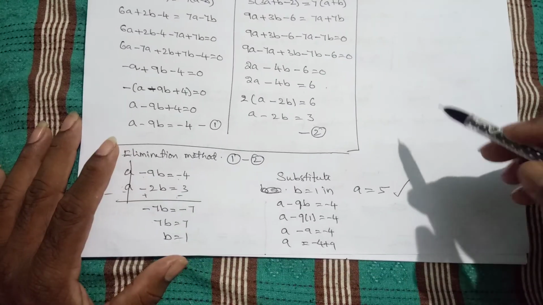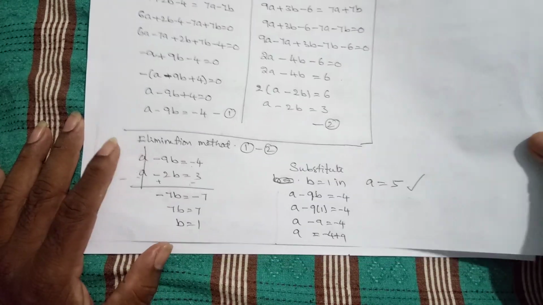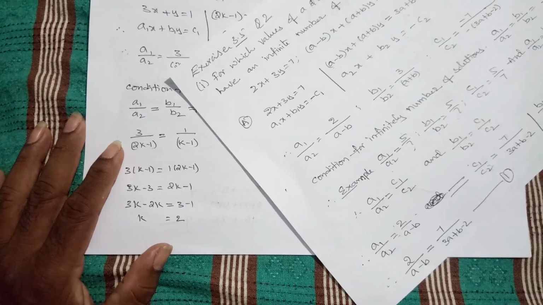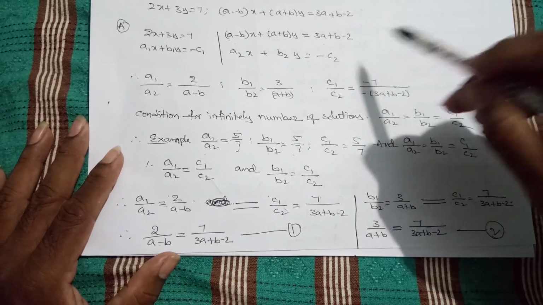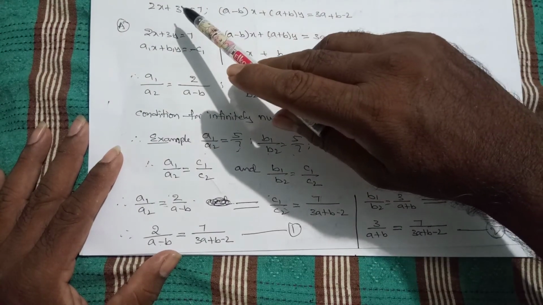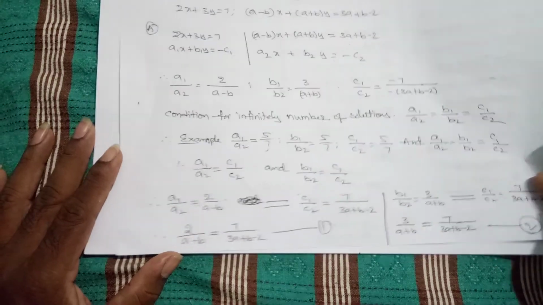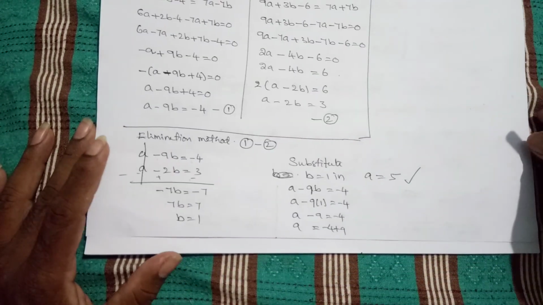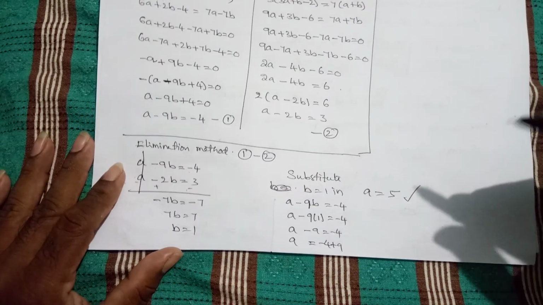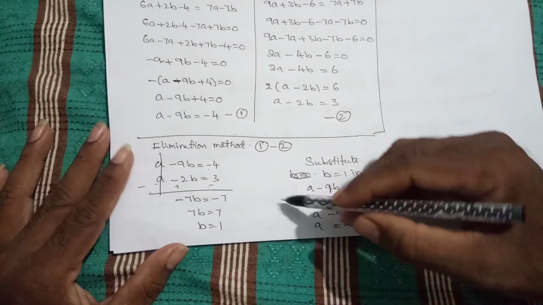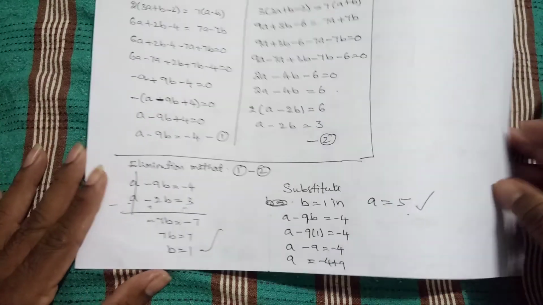So here we have the a value and the b value. You can substitute the a and b values back to check. They are asking us to find only the a value and b value, and we got it: a is equal to 5, and b is equal to 1. That's all.